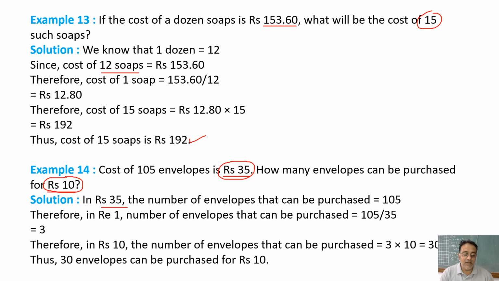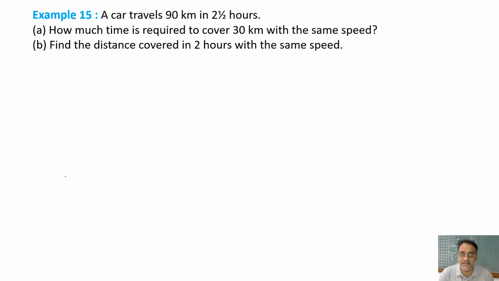Right. So now we are moving toward the last example of this session. Example number 15. A car travels 90 km in 2.5 hours.